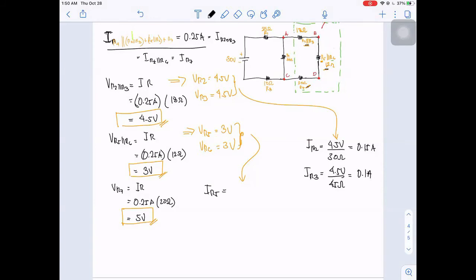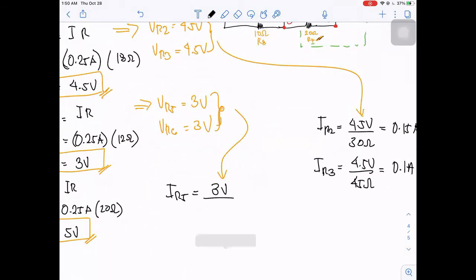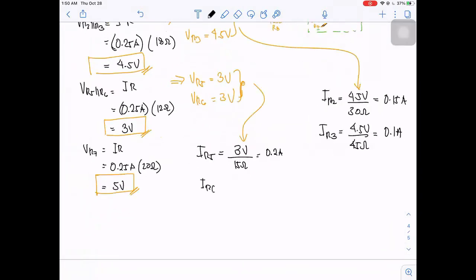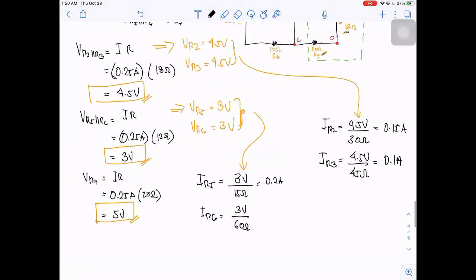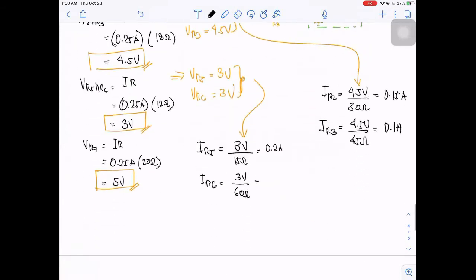Now let's move to IR5. So IR5, so we have 3 volts voltage drop across resistor R5 and resistor R6. So they are equal since they are connected in parallel, all over the resistance across R5, which is 15 ohms. And that is equivalent to 0.2 ampere. And for IR6, we have 3 volts all over 60 ohms resistance. So we have this one, 60 ohms resistance, and that is equivalent to 0.05 ampere.